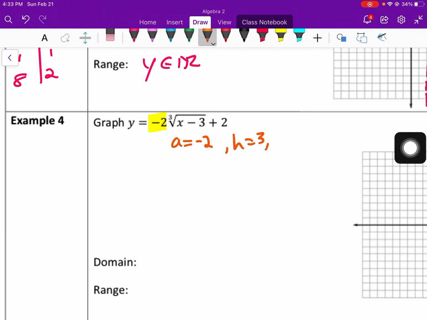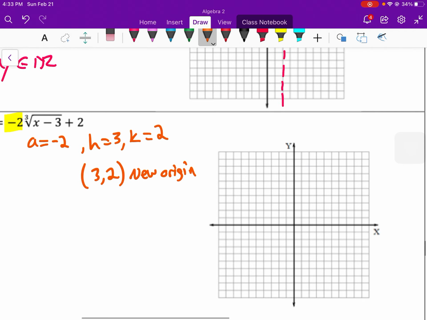That's a +3, and k is a +2. I guess I could have just written 2 there, huh? K is 2. Our h, k is the ordered pair 3, 2, and again, this is our new origin. So 1, 2, 3, 2. We can make this clear that this is where we're shifting from.